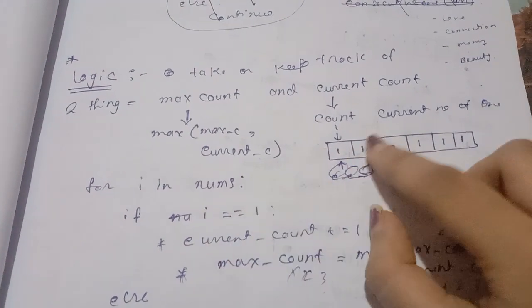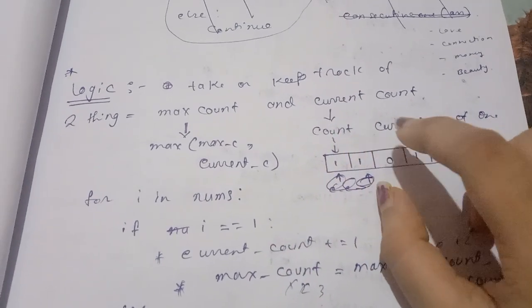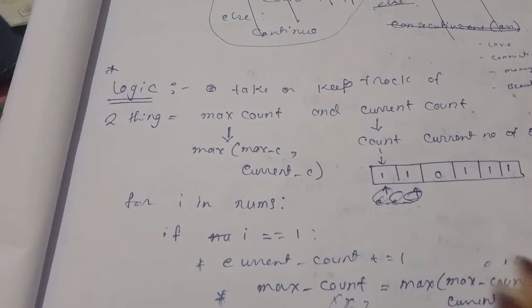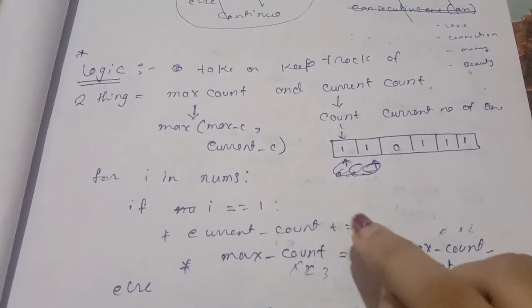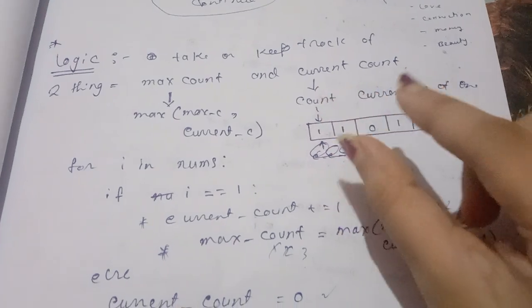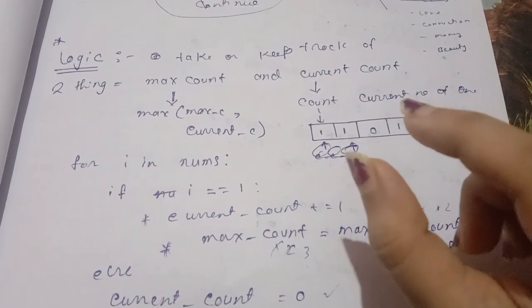If the element is 1, then we are going to increment the current count: current count equals current count plus 1. In max count, we will keep the maximum occurrences.